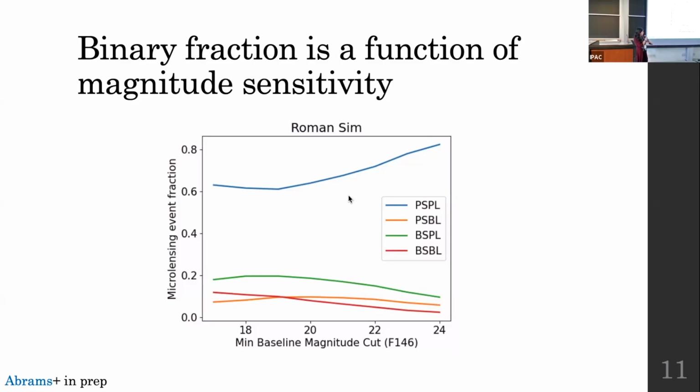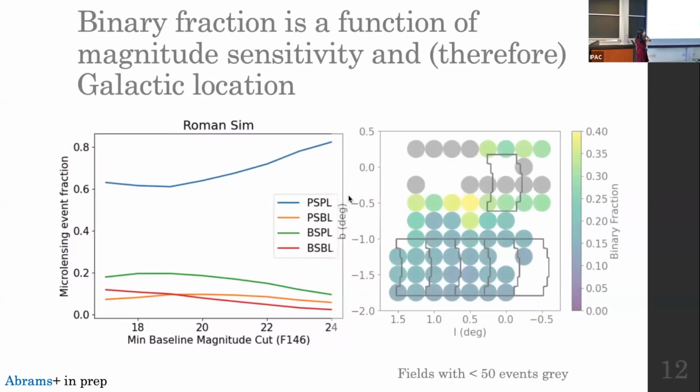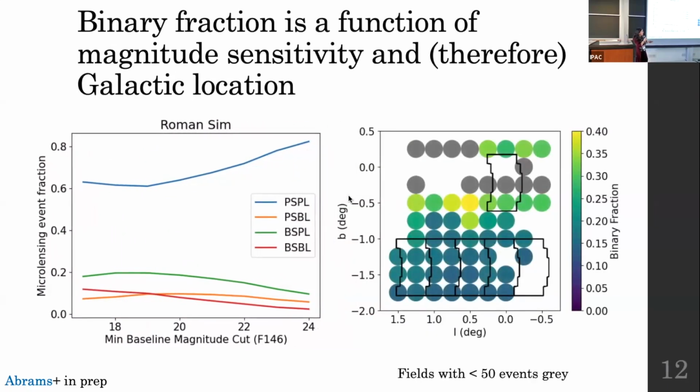And so what this means is that your binary fraction ends up being a function of where you are in the galaxy. It's a function of your extinction. This will be extremely important when we interpret the galactic center field versus the lower galactic bulge fields in the microlensing case, since in areas of higher extinction, you're effectively probing less faint objects that are more massive stars, which have a higher binary fraction.